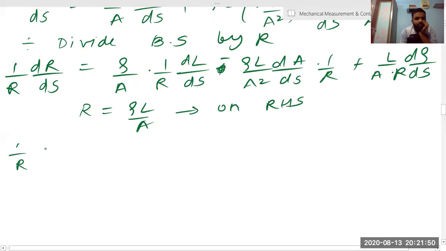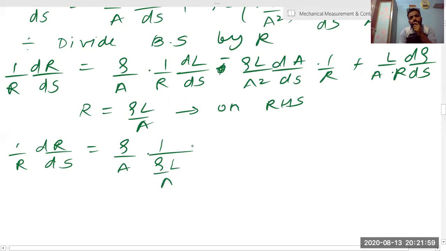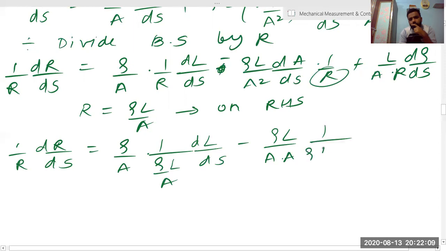So 1 by R dR by dS will be as it is, equal to rho by A, and 1 upon R is A by rho L, times dL by dS. Then the next term is rho L by A squared times A by rho L, which gives 1 by A dA by dS, with a minus sign. Then L by A times A by rho L times d rho by dS.